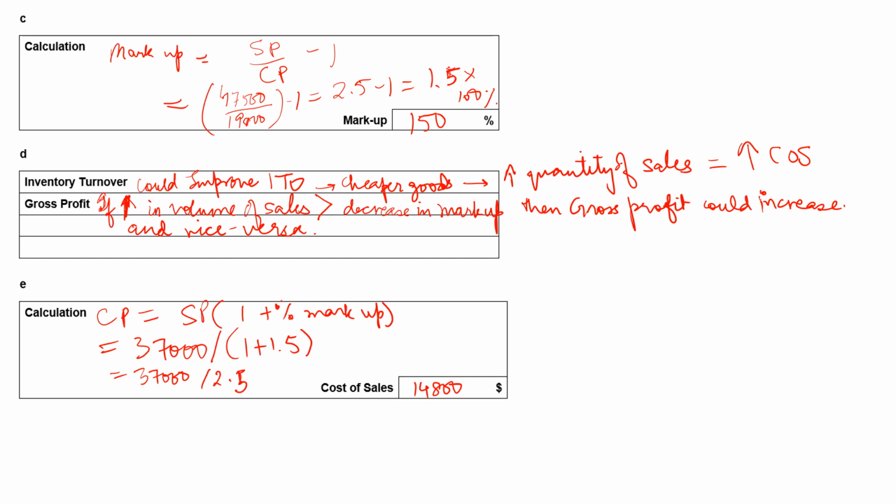We're calculating this from the information given for August 2025, where you have sales of 38,500 and sales return of 1,500, which gives us 37,000, divided by 1 plus 1.5, which is our percentage markup. That gives us cost of sales of 14,800.